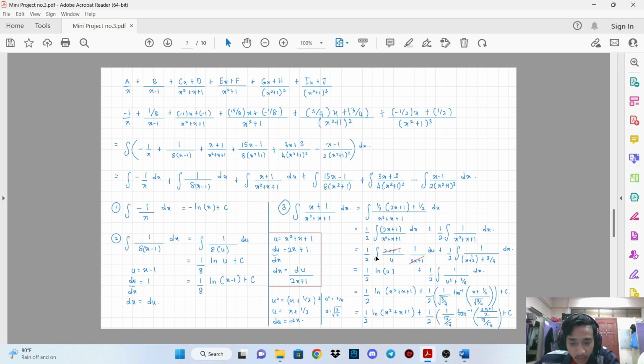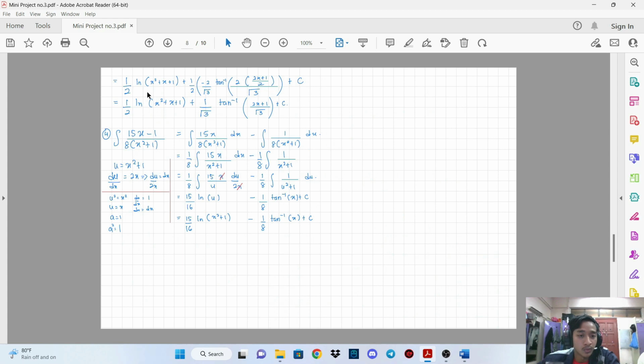Okay, for this equation we use substitution, and then for the other we use an inverse trigonometric function. For the answer we get 1/2 ln of x squared plus x plus 1 plus 1 over square root 3 tangent inverse of 2x plus 1 over square root 3 plus c.